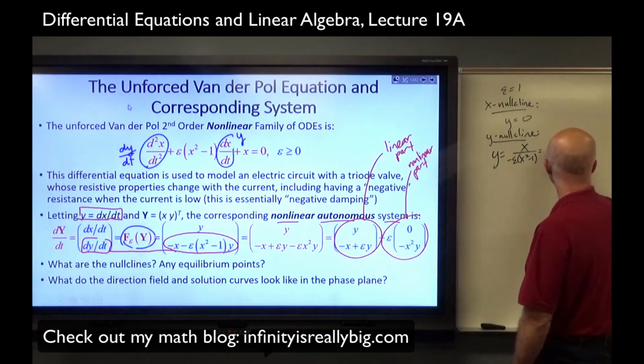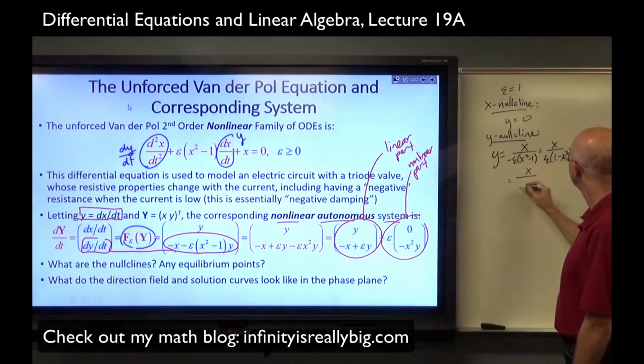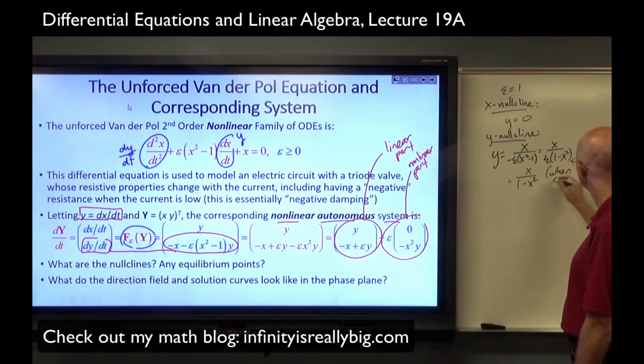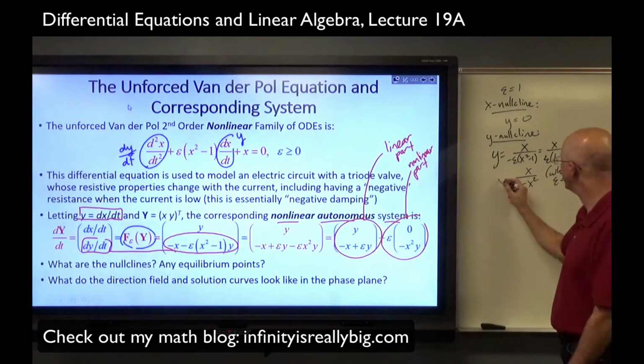You can get rid of that negative sign if you like by switching around the x squared minus 1 to be a 1 minus x squared. And if epsilon equals 1, then it becomes this. Okay, a rational function of x.